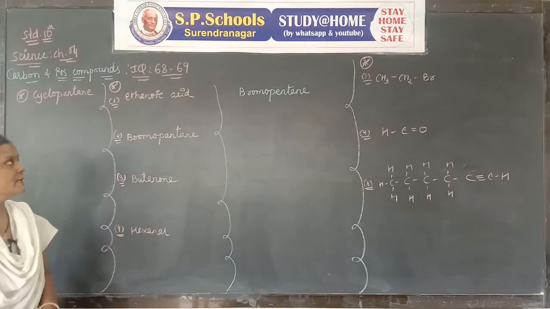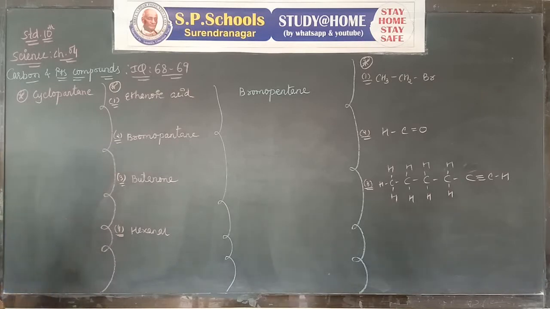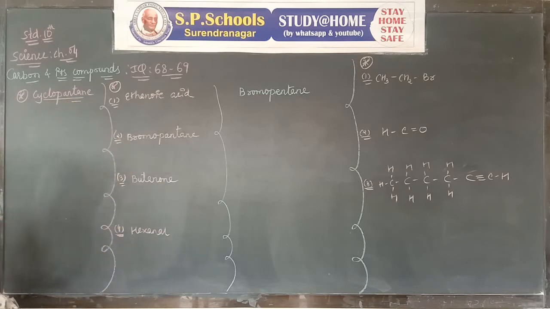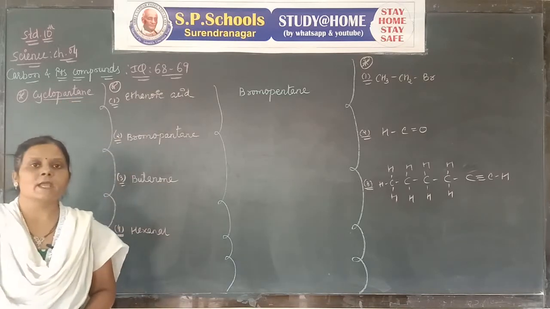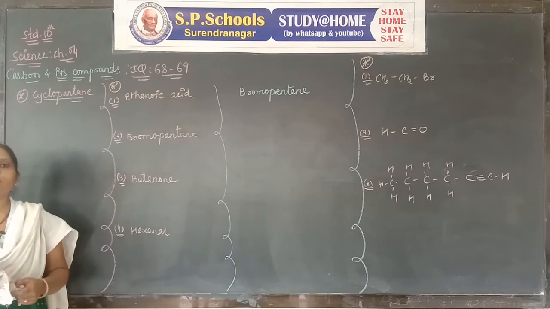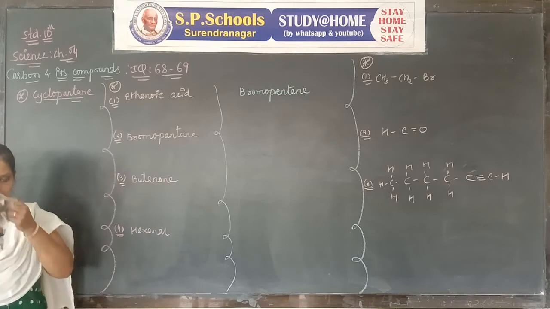Let's go through the in-text questions given on pages 68 to 69. The first is to write the electronic dot structure of cyclopentane. Actually, the first and second we have already studied: the isomers of pentane, and two properties of carbon that give a huge number of carbon compounds.